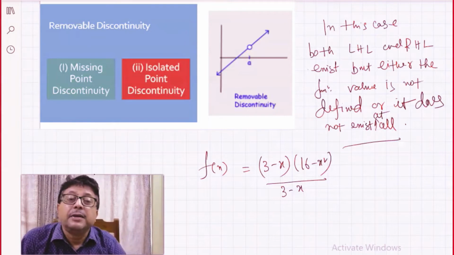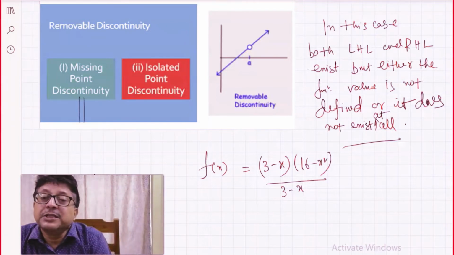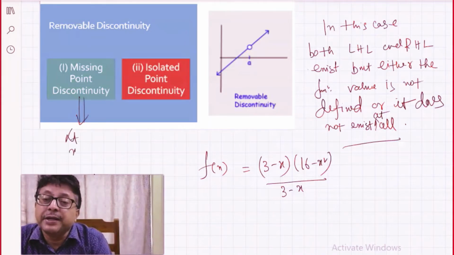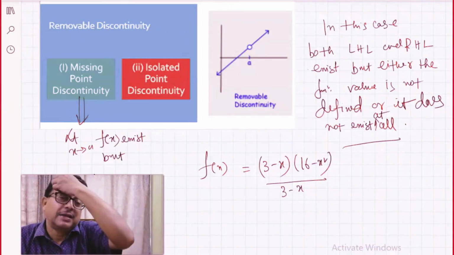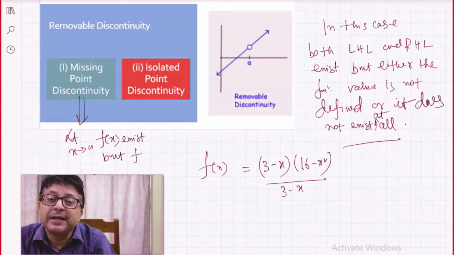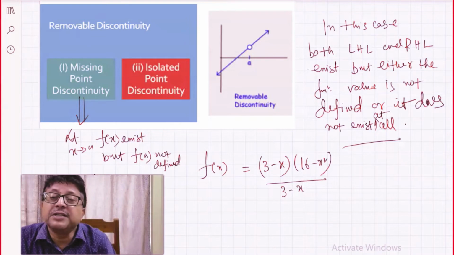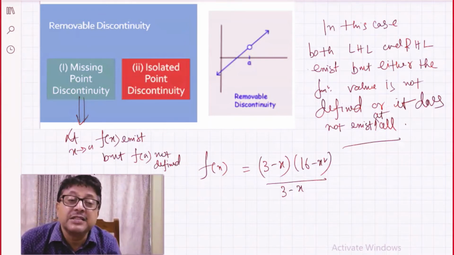We'll say that here. So missing point discontinuity: limit x tending to a f(x) exists, but f(a) not defined. Okay, then it is missing point discontinuity. Let's see what is happening there.